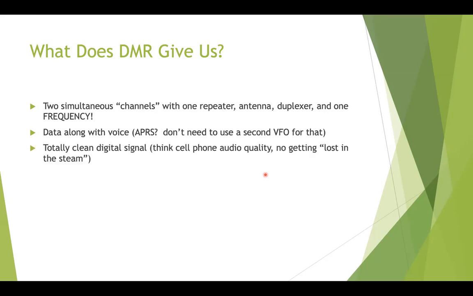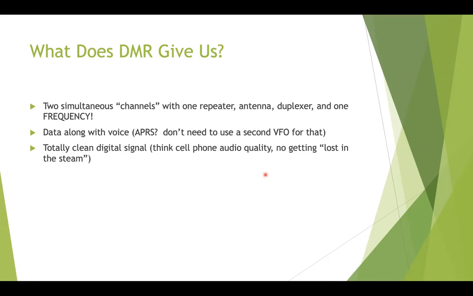The signal is clean. So you know how when you're talking on a repeater and you have somebody who's barely making it through, they're getting lost in the static, and you hear that kind of scratchiness or that noise in the background, you can't quite make out what they're saying. With DMR, it's digital, so they're either going to get through or they're not going to get through.